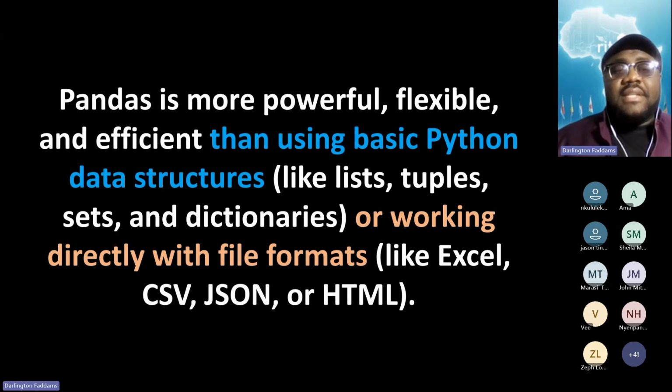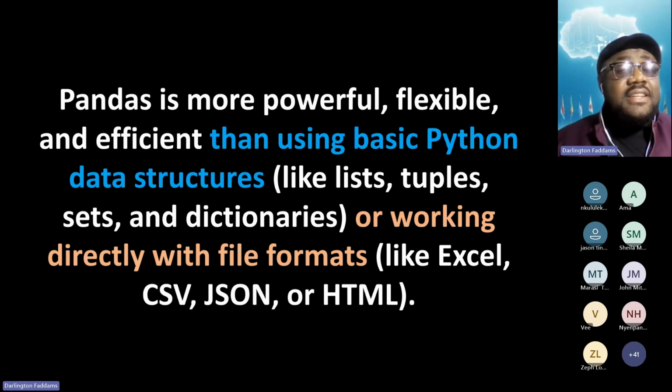It is even more powerful than working directly with file formats like Excel, CSV, JSON, and HTML. So with all of these formats, Pandas is a tool that will allow you to operate in a magical world where data manipulation becomes so easy.